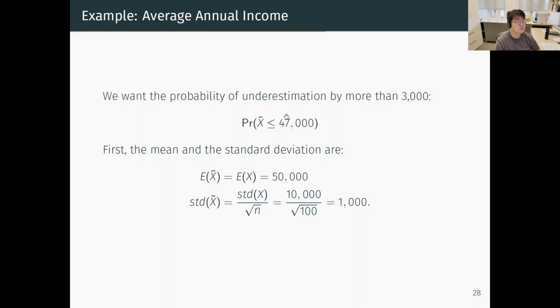Let me show you. This is basically what we want to calculate: the probability that the sample average of 100 survey respondents is less than $47,000.